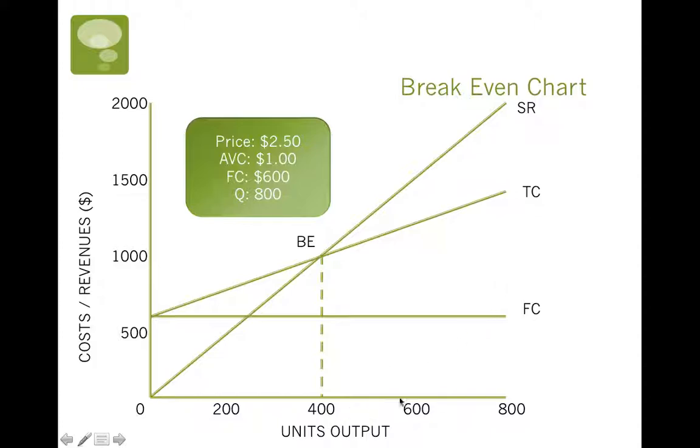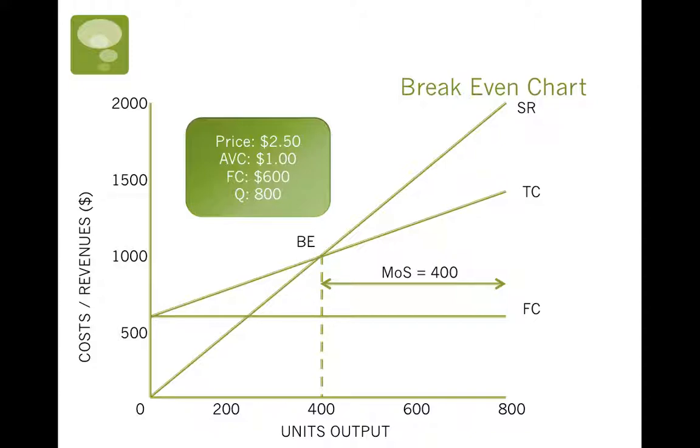Okay, so it's calculated as maximum output or quantity minus break even, and that number there is what we call the margin of safety. So in this case, this company has a margin of safety of 400 units. It could afford to not sell 400 units of the anticipated outcome before it makes a loss.